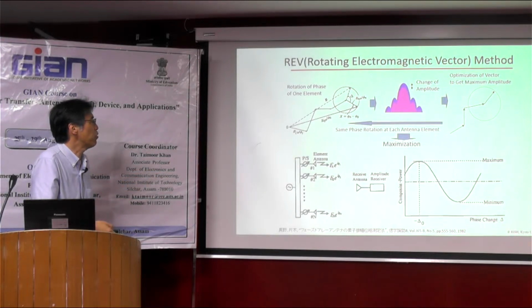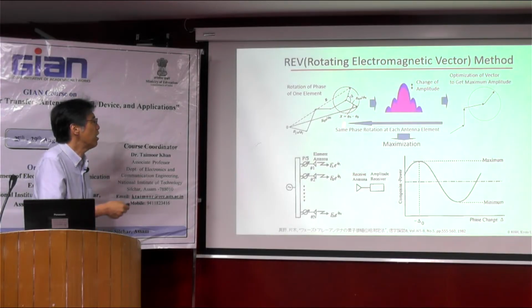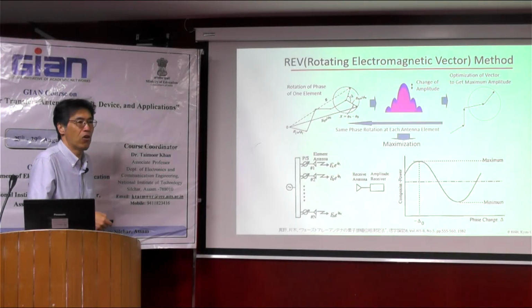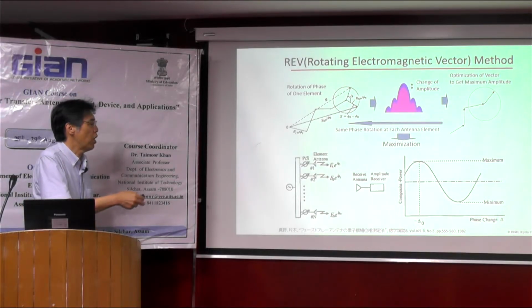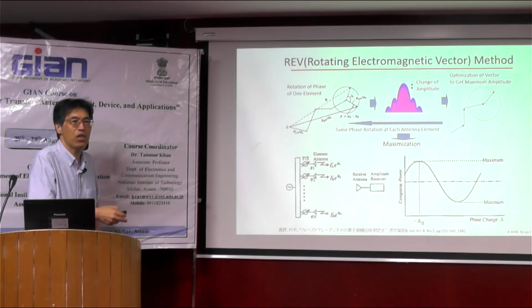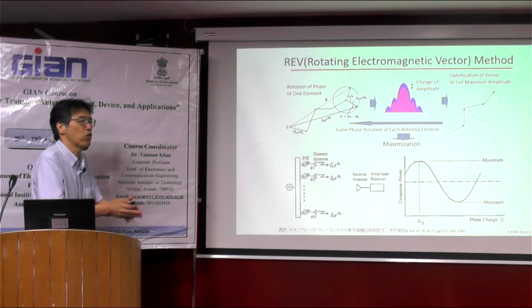This is proposed by the Japanese company Mitsubishi Electric. Usually they apply this technology to estimate the error check of the phased array antenna, not for the beam controlling system, but sometimes they apply this REV method to control the beam direction.